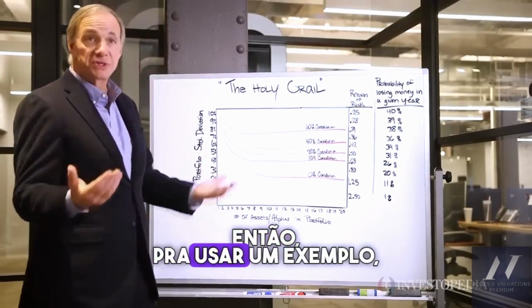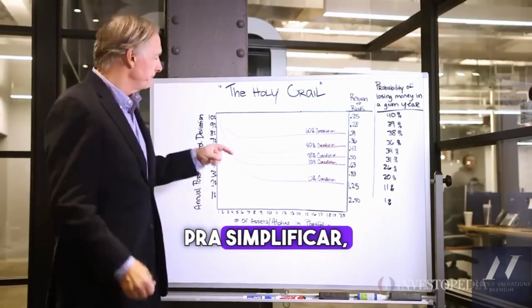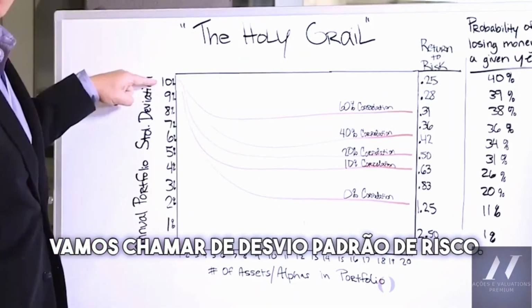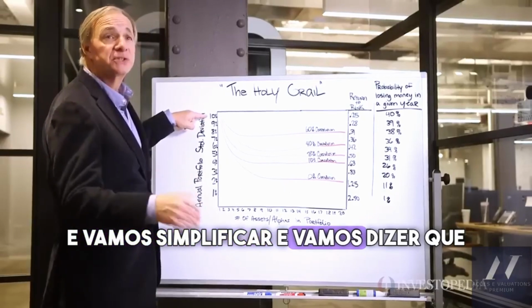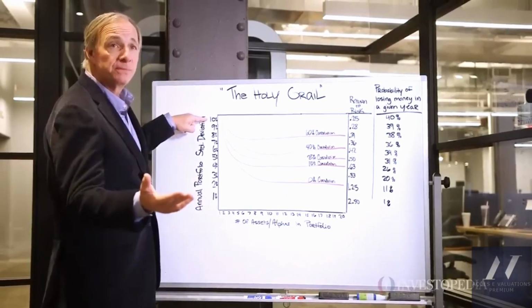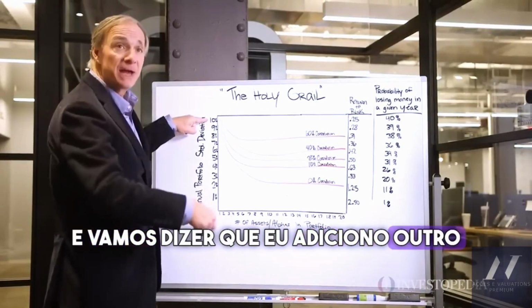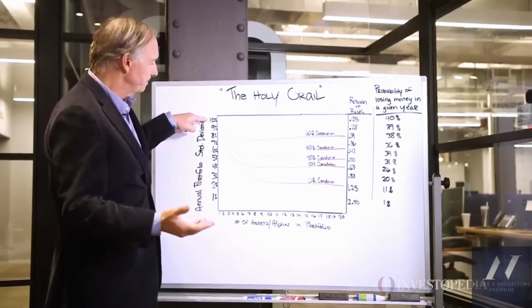So to use an example, to make it simple, let's assume you have a return with a 10% risk, and we'll call risk standard deviation. And let's say it had a 10% return. And let's say I add in another asset, another return stream.